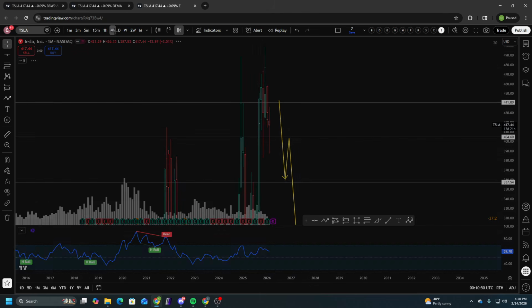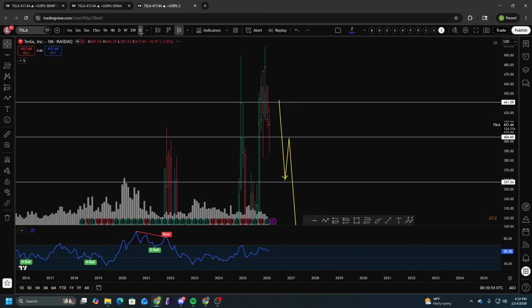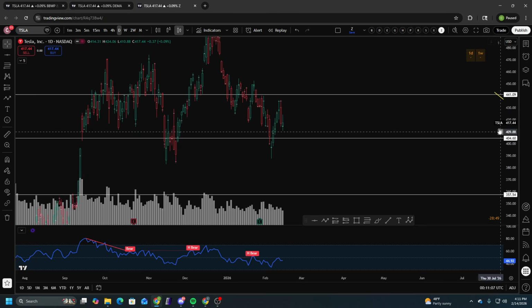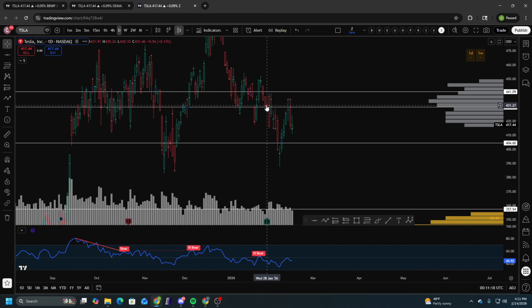The 4 hour leads to the daily, which leads to the weekly, which leads to the monthly. So you get the biggest information from the higher time frames, but what leads to the higher time frames is the lower time frames. So if you go to the daily here, the most local level failure that took you down to create this low is currently this failure here.